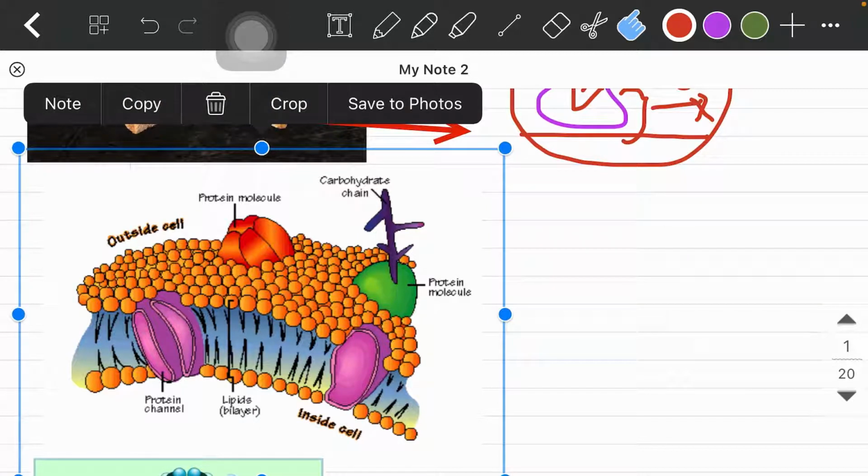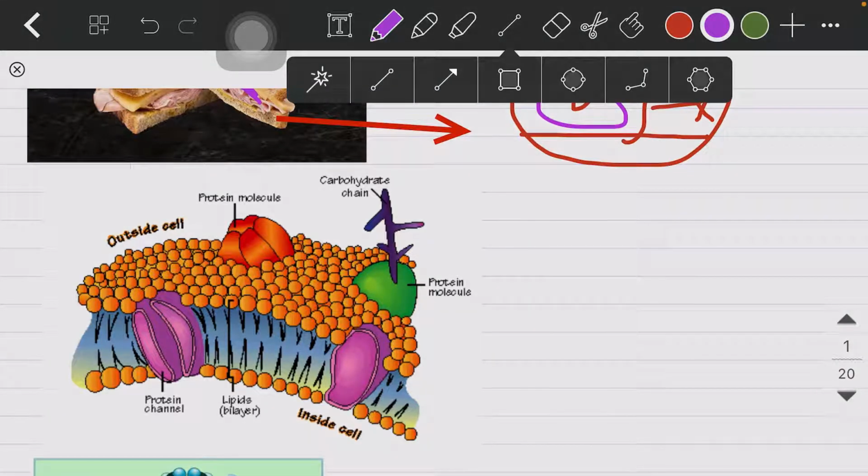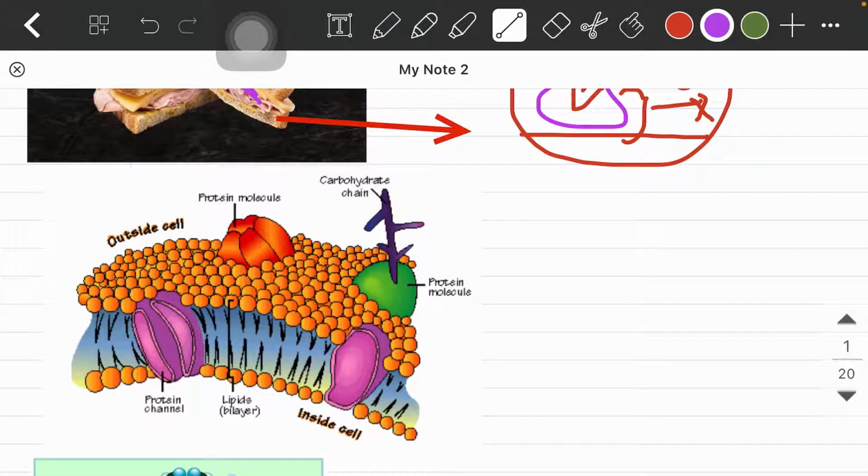Pag sinabing double layer, saan yung layer na yon? So, ito yung unang layer. Tingnan sa gitna ito ha. So, I'm going to draw a straight line. Yan. Okay? So, itong unang part na to, that is your first layer.